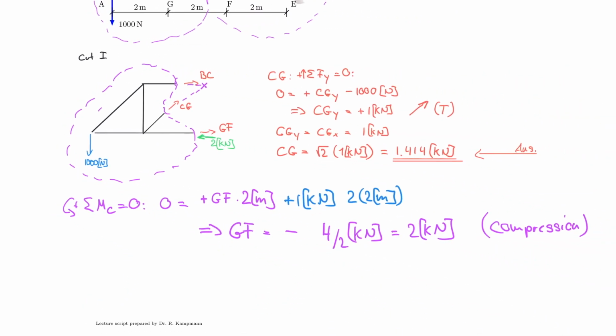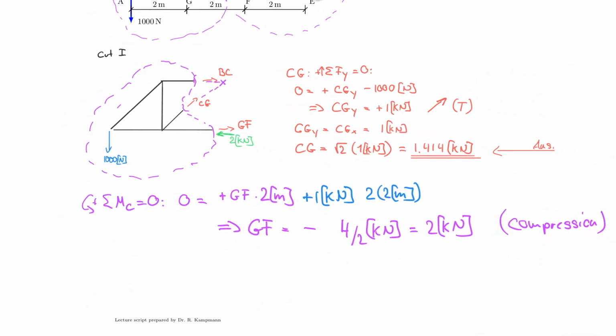So again, it's an educational problem. Now I can use the sum of the forces in the x direction being equal to 0, positive to the right, and 0 is equal to minus 2 kilonewton plus the horizontal component of CG, and we calculated that before. So CGx is 1 kilonewton, right?